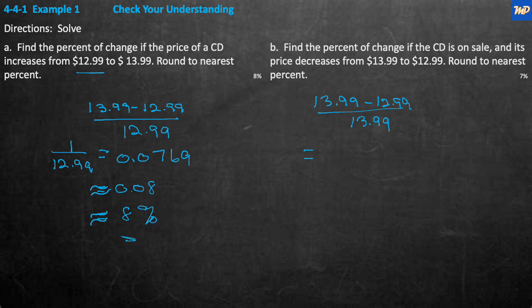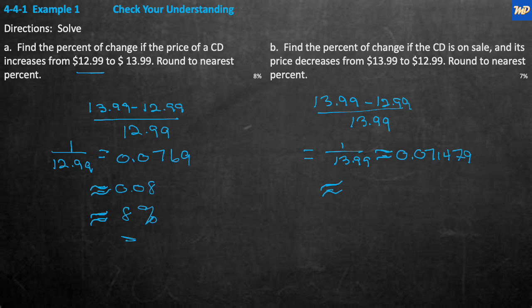That equals, if we do the math again, 1 over 13.99, and that equals 0.071479. And then if you take that number and round it, we're going to say approximately, because these are both approximate too. It's not an exact number.